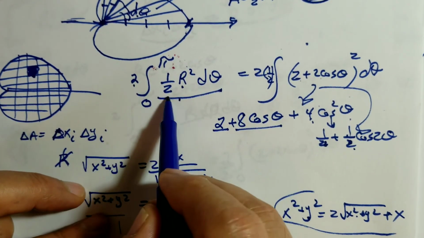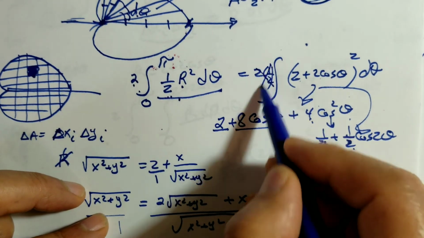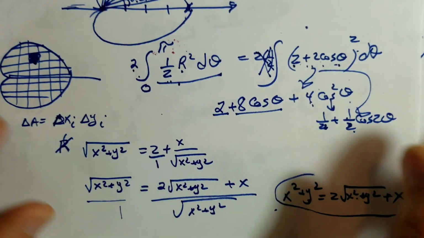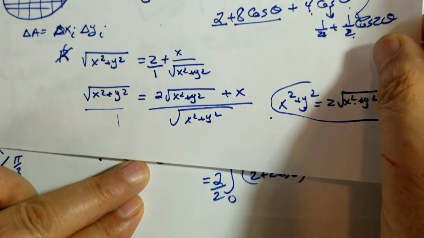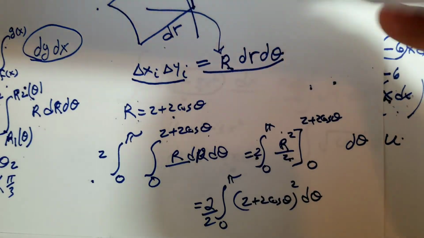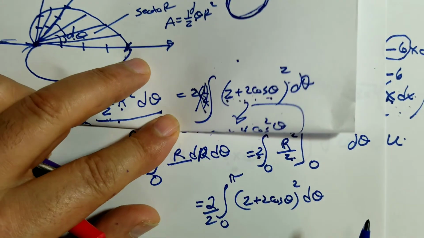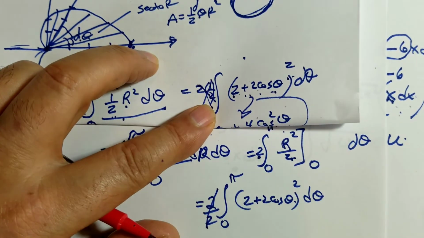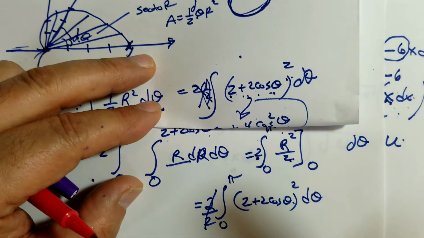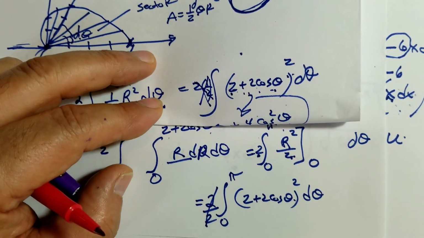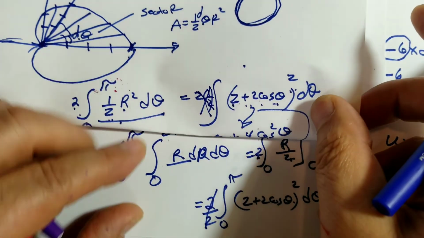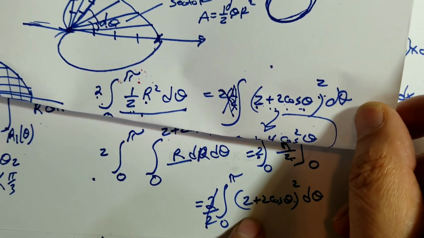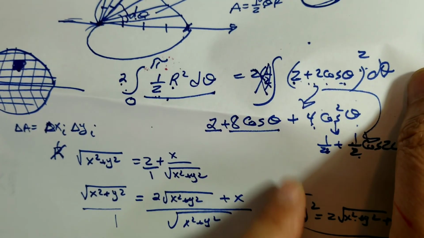And do you see we doubled it? Do you see how the 2 and 2 cancel? Do you see how you got 2 plus 2 cosine theta, squared, is this one? Look what we got for the double integrals. For the double integrals, don't you think that 2 and 2 is gone? And it's exactly the same thing. But why was the double integral easier? Because you didn't have to know the area of a sector. Therefore, you can do this one as we did for that one.